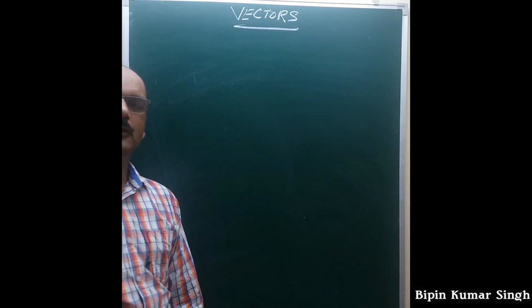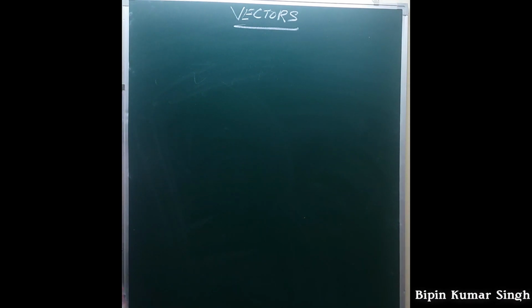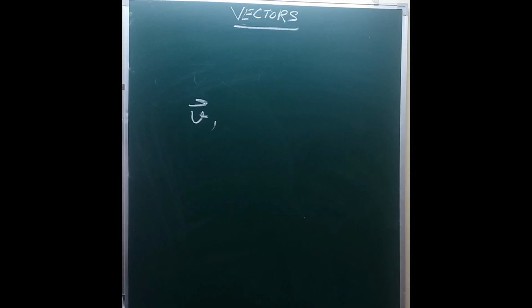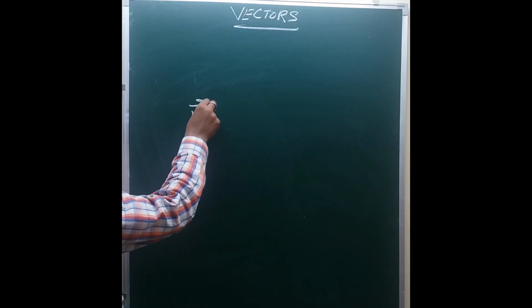In writing, vector quantities are represented by a single letter with an arrow over it. For example, if I have to represent velocity v, then this is v and this is the arrow over it.